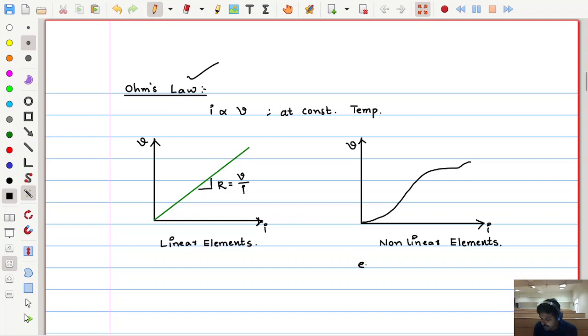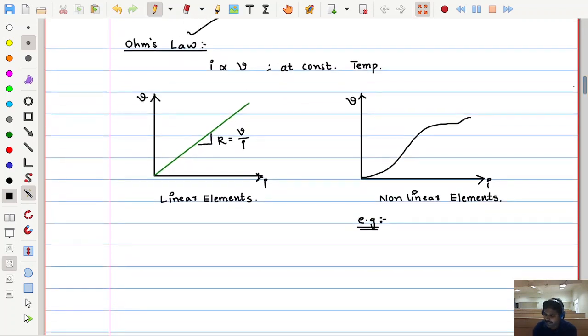One thing we can state straight away is what might be the reason for not obeying Ohm's law. Let me write here: these do not obey Ohm's law, whereas these obey Ohm's law.